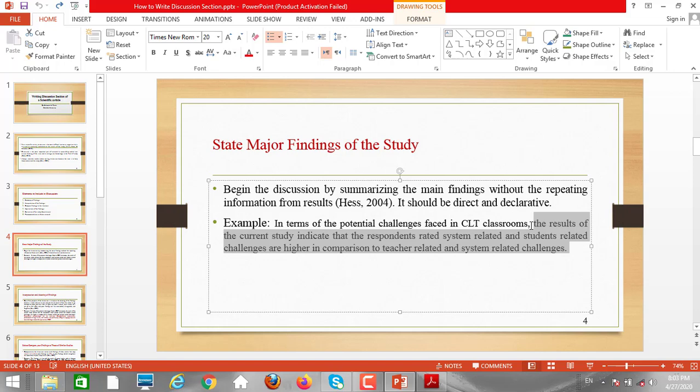As you can see, there are no numbers or percentages included in this part. So in short, this is a briefly summarized finding of my research article.